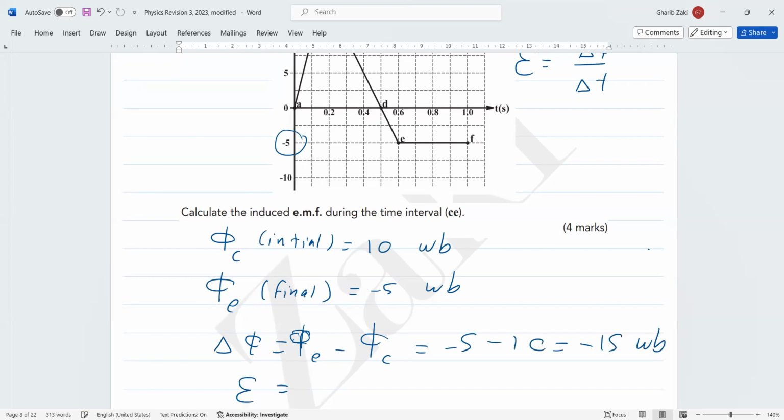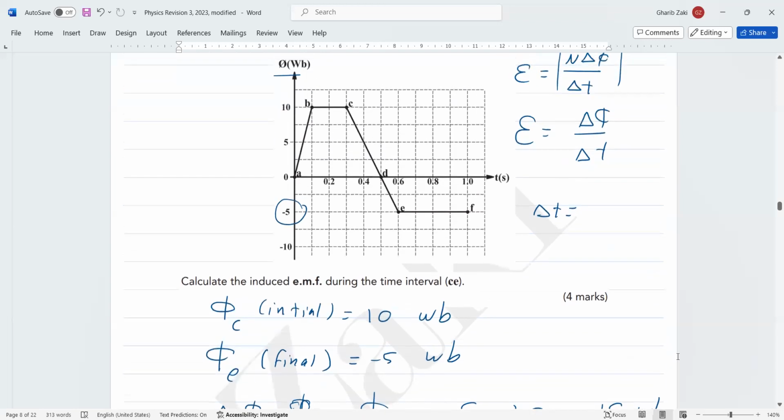EMF is the magnitude of N delta phi by delta T. So it's the magnitude of 1 multiply -15, over delta T. Delta T is the time at E minus the time at C. The time at E is 0.6, minus the time at C, which is 0.3.